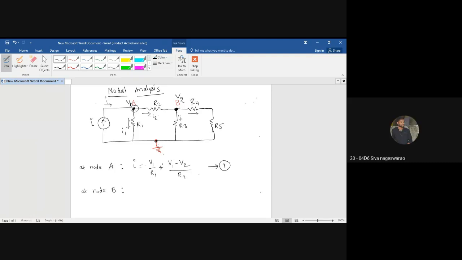I2 is equal. Now if we write I2 here, since we are writing with reference to B, this becomes V1 minus V2 only, approaching. Suppose you write this in this direction, if you consider the current is in this direction, now how to write this one?